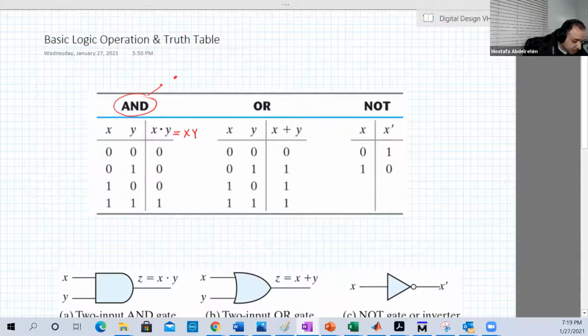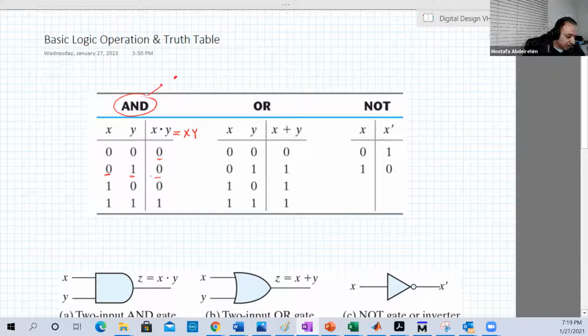Okay, so basically in the first combination here, when x is not satisfied and y is not satisfied, then don't do this operation. Okay, so the output is 0. And if x is not satisfied but y is satisfied, still don't do this operation.